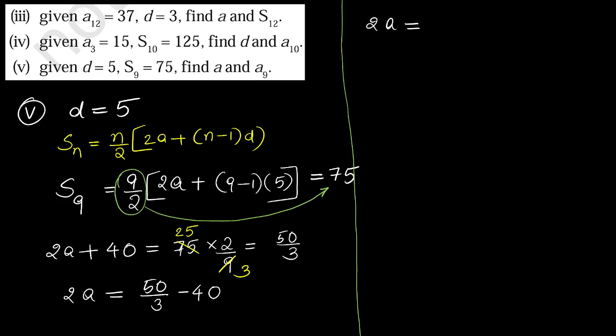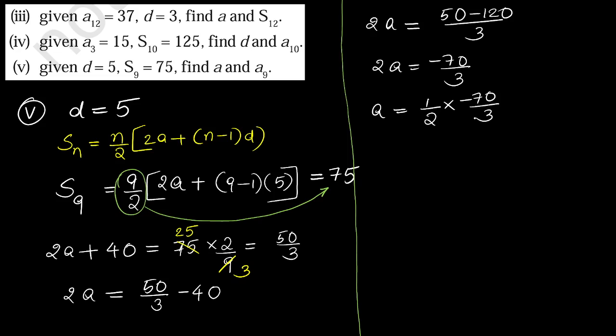If you don't understand this calculation, you can tell me. 2a equal to minus 70 by 3. 2 goes to the other side, becomes 1 by 2. a equal to minus 35 by 3.